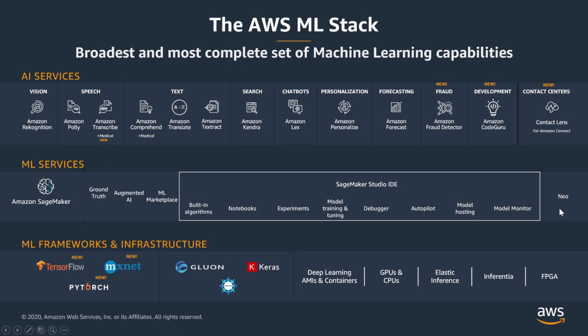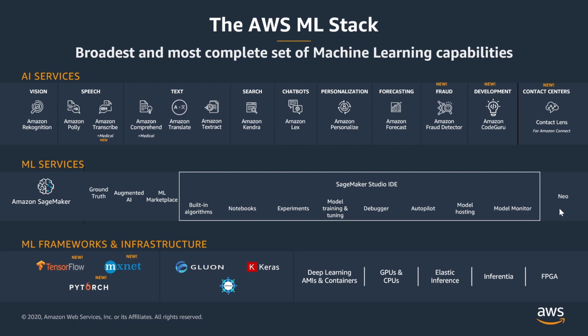Let's take a look at the AWS machine learning stack. It is pretty broad and deep. It has 3 layers of services. The top layer is our AI services, services like Amazon Rekognition, Polly, or Comprehend. These services are usually an API endpoint. You don't have to learn machine learning, or train the data. You simply consume this service as an API endpoint.